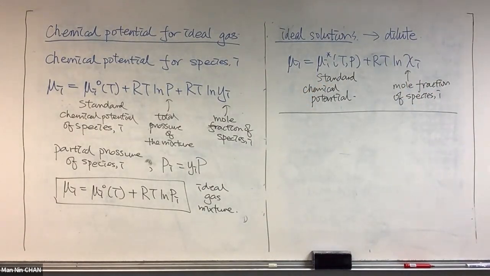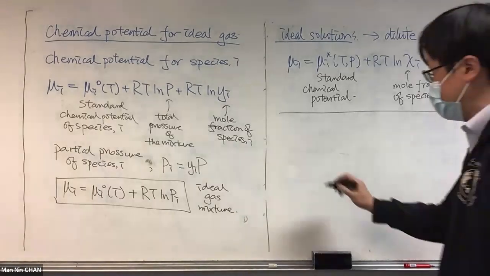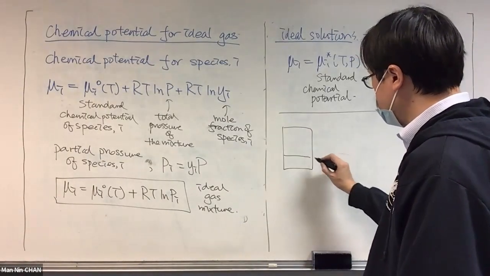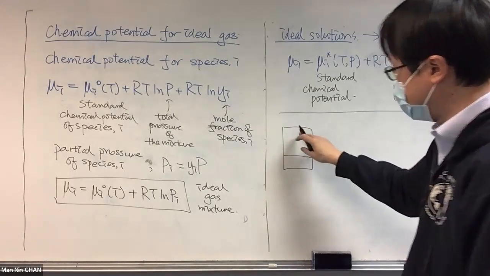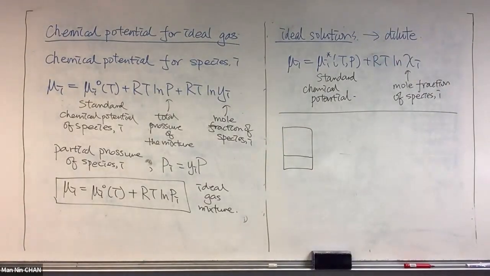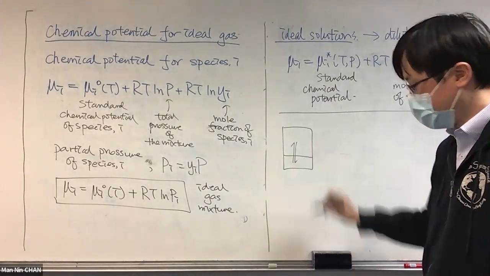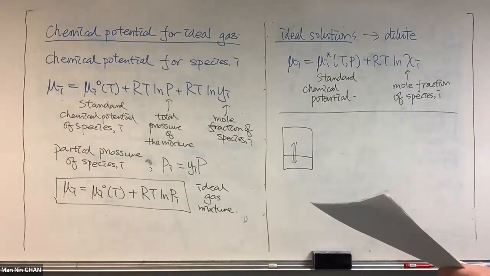So let's say if you consider a case, right? So we always consider a case. So you have a solution phase, and then you have a gas phase, and then you can assume there's an equilibrium between two phases.